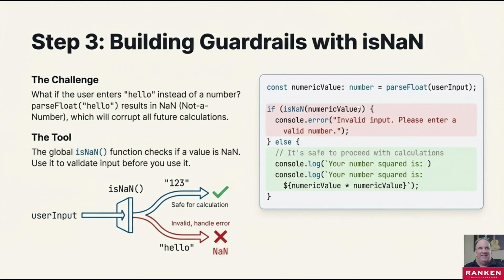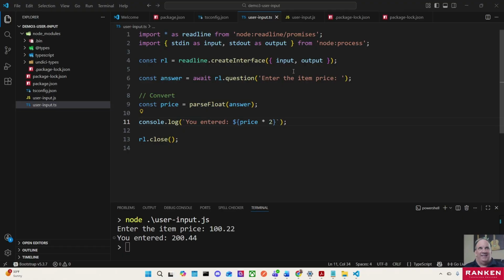Okay, so let's look at an example and add that to our code here. Let me get rid of the price multiplying. We already did our convert.